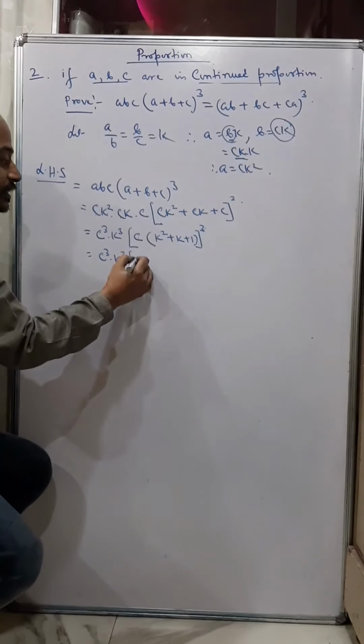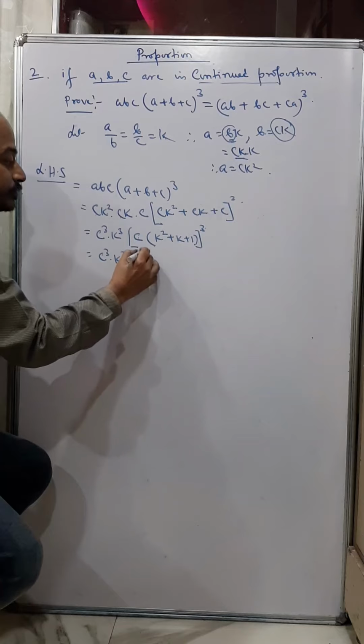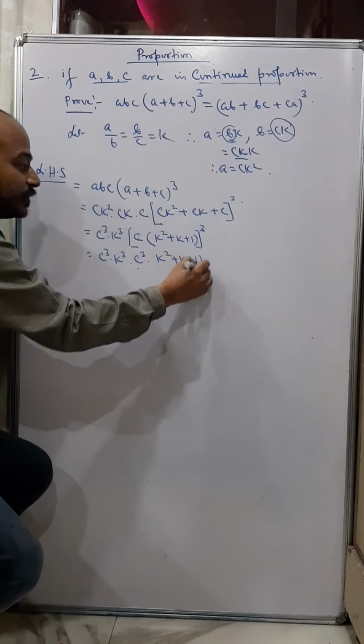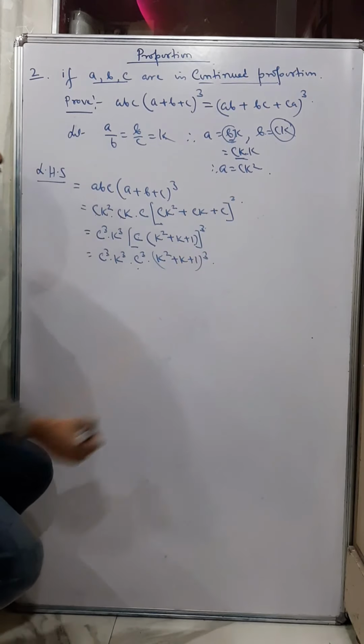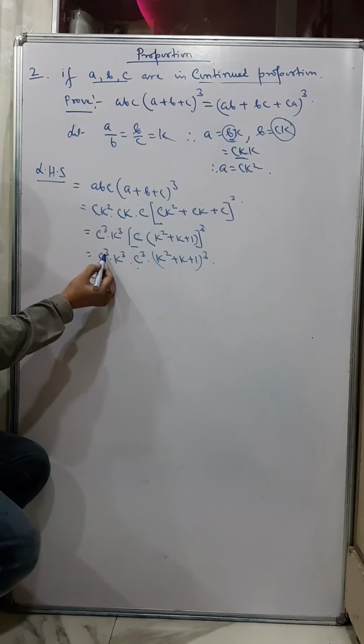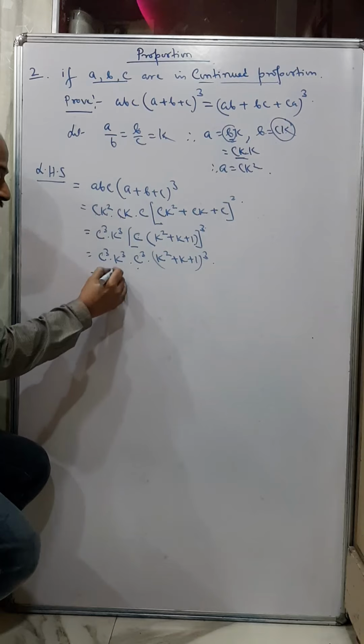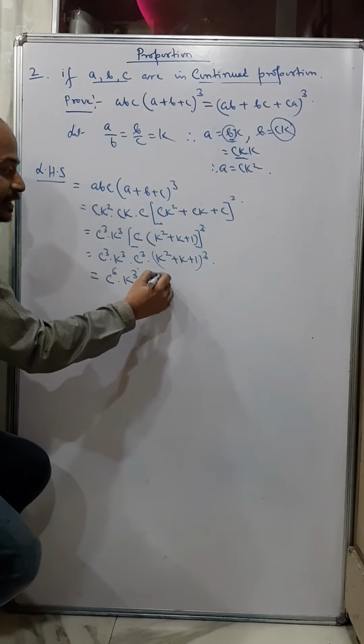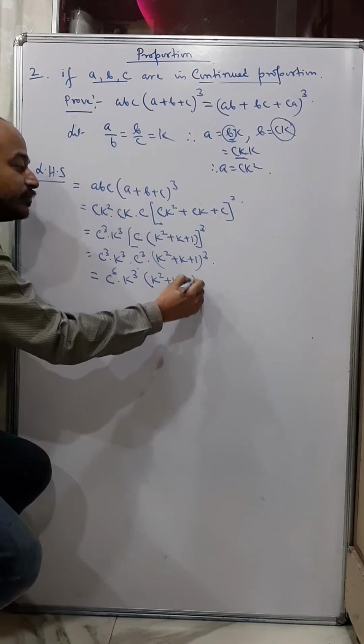You see this is c cube, and then k square plus k plus 1 whole cube. Understand? So c cube and c cube, we got c to the power 6, k cube, and k square plus k plus 1 whole cube.